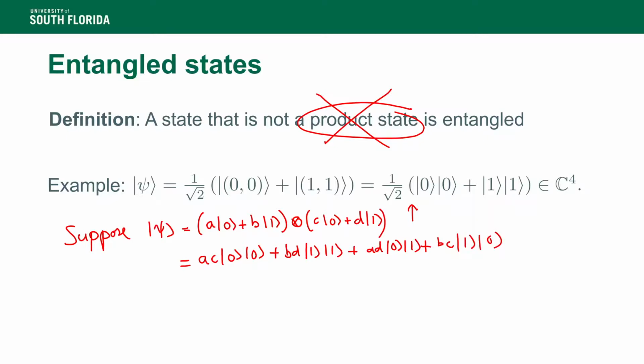Now I'm identifying with the coefficients here, okay? So what I have is this should be 1 over square root 2. This should be 1 over square root 2. This should be 0. And this should be 0.